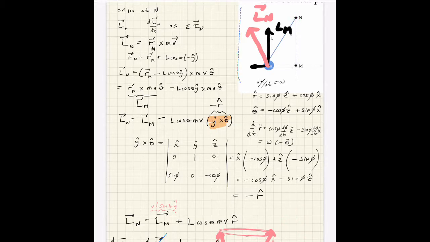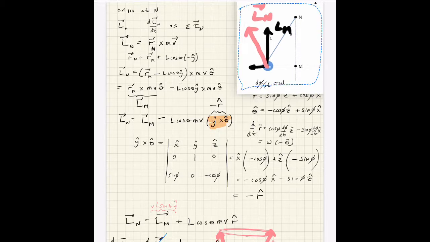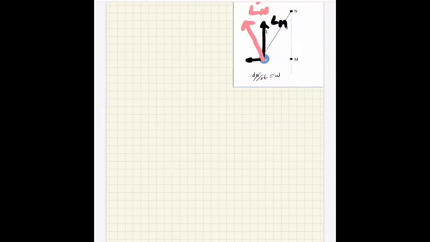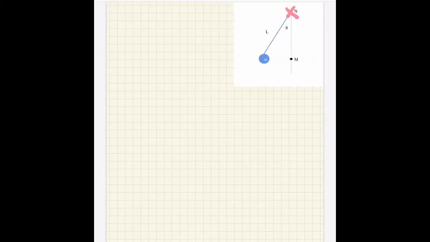So again, I'm going to go ahead and copy this. And we're going to work at finding the net torque on the system with respect to our axis here at N. So what is the net torque at N?